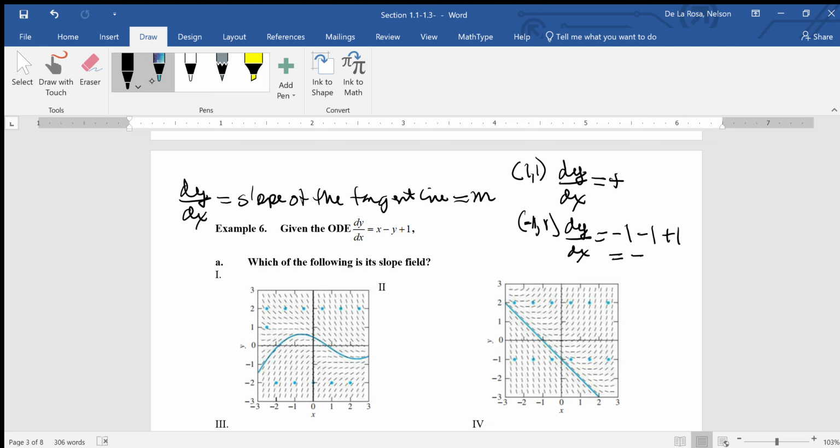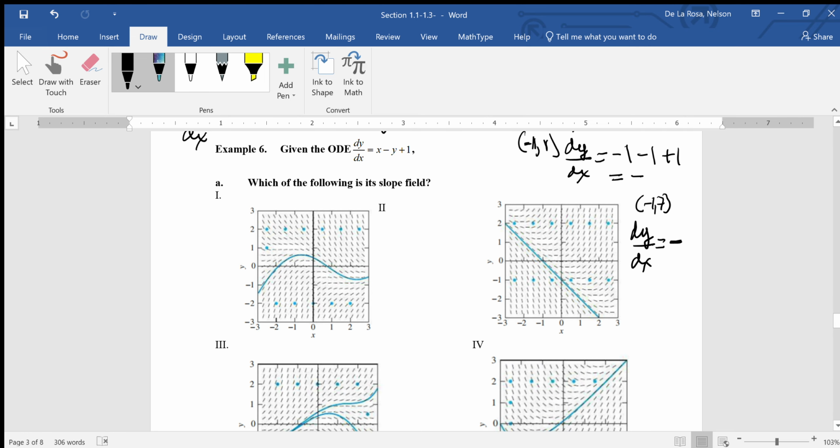If we replace, for example, the point (-1, 7), again, you can replace any pair, then dy/dx, which is the slope of the line, is going to be negative 1 minus 7 plus 1. That's going to be a negative number, right?